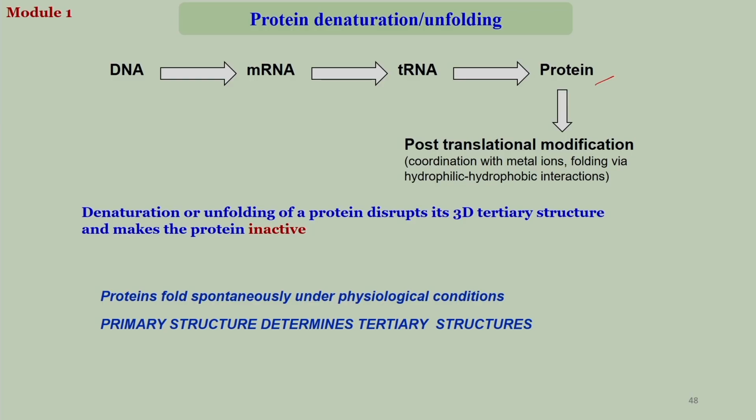So, when there is the synthesis of the protein, of course, it synthesizes the covalently linked primary structure, the sequence of the protein. So, once a sequence of the protein is synthesized, then depending upon its sequence, it will automatically assume the secondary structure, and then the secondary structure will go to the tertiary structure, that is the functional protein.